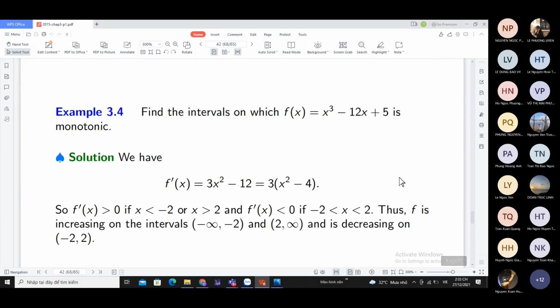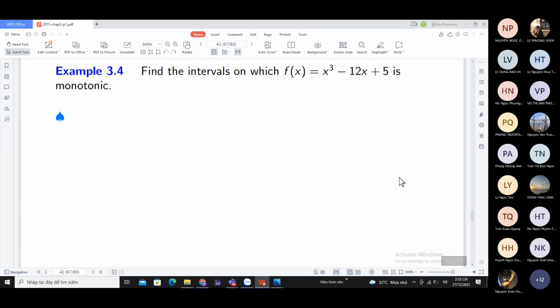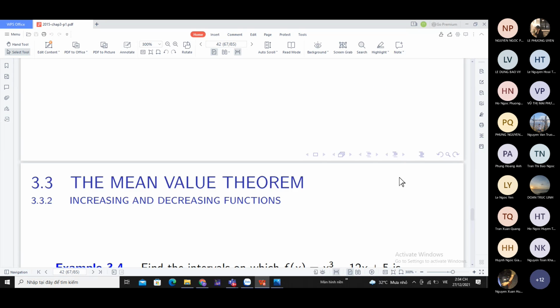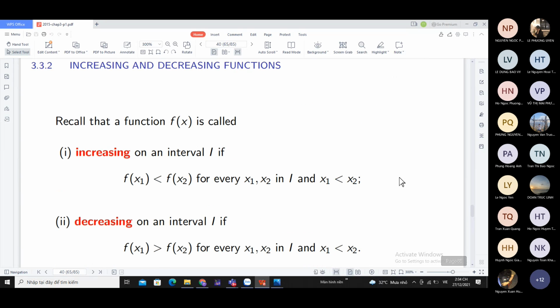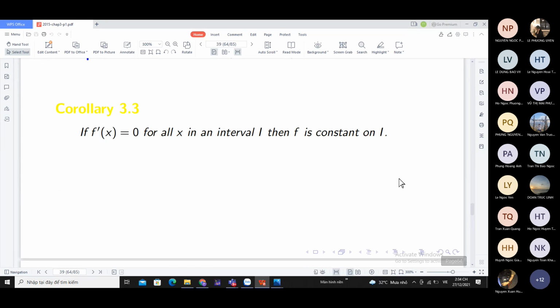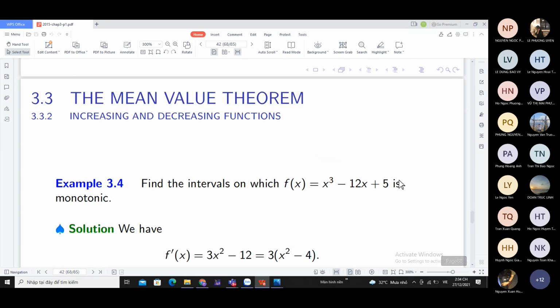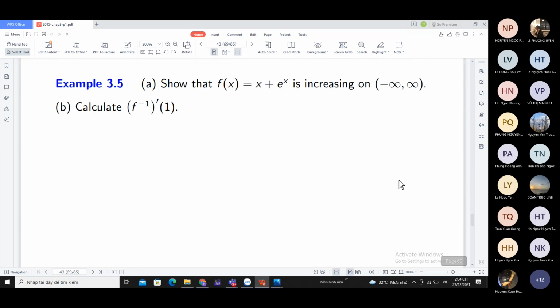All right, we consider one more example before we have a break. Maybe we consider this example.